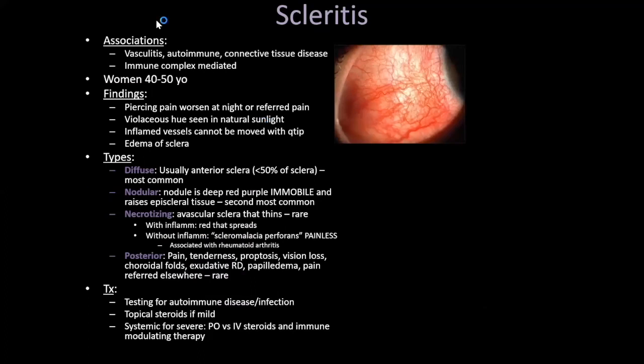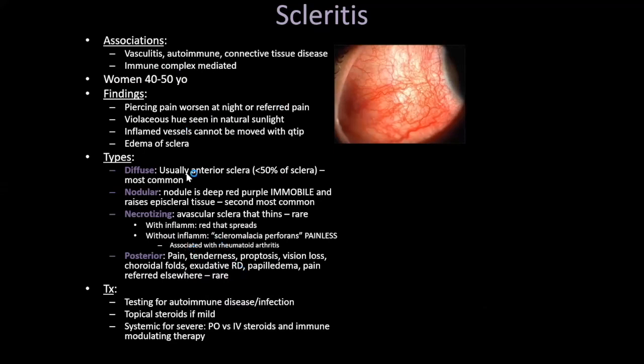Scleritis, as we know, is a serious condition. It's associated with vasculitis, autoimmune diseases, connective tissue disease, and then immune complex mediated conditions. Common among women, the findings: you may have a piercing pain, worse at night, referred pain, then you have violaceous hue seen in natural sunlight, you have inflamed vessels that cannot be moved with a Q-tip, then you have scleral edema.